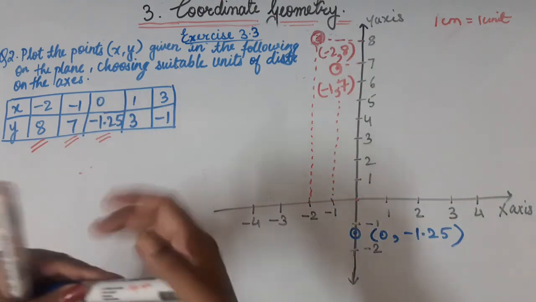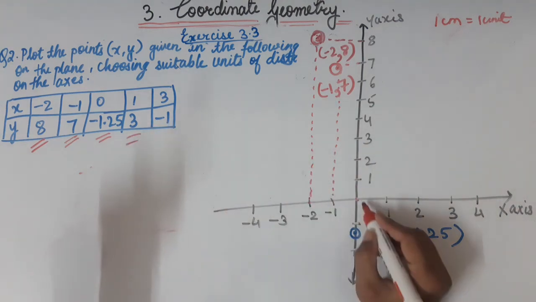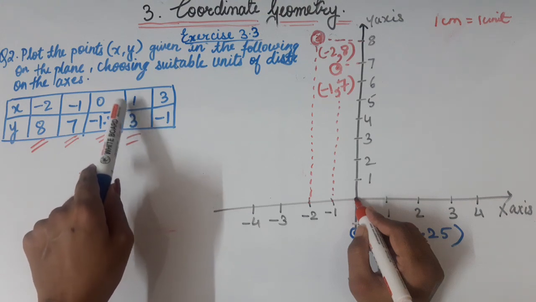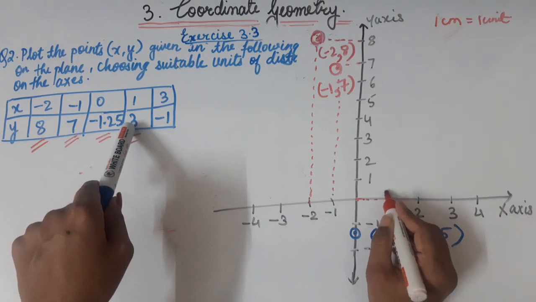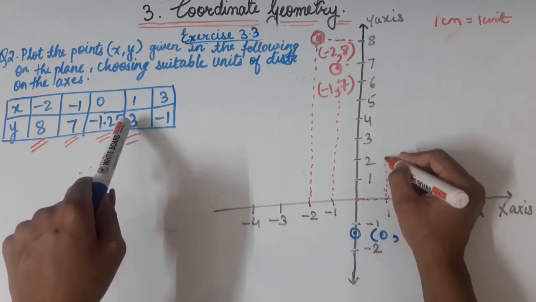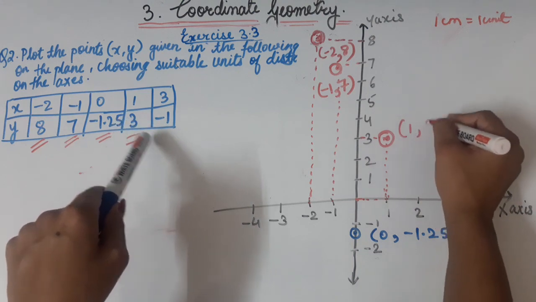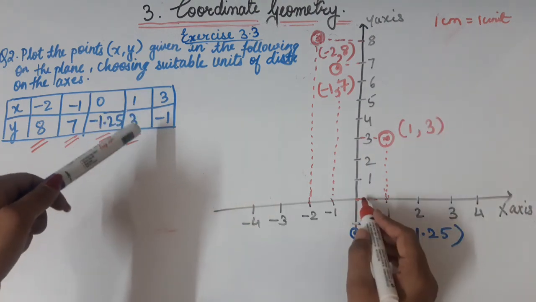Now the next point is (1, 3). From the origin, the x coordinate is 1, so you will go to the right side by 1 unit, and the y coordinate is 3, so you will go up by 3 units. You will reach here, and this will be your point (1, 3). Next is (3, -1).